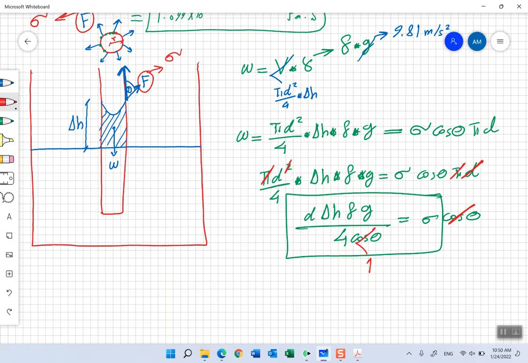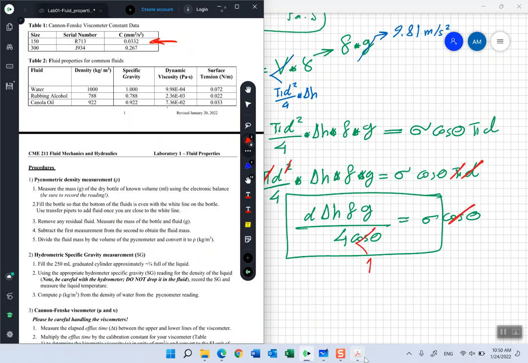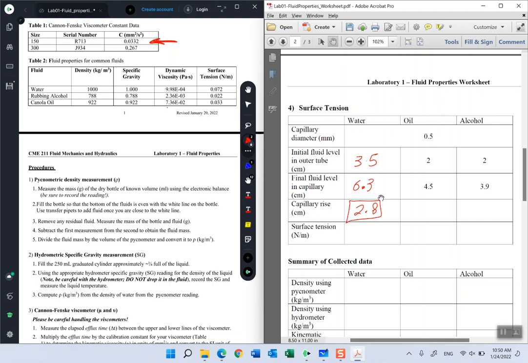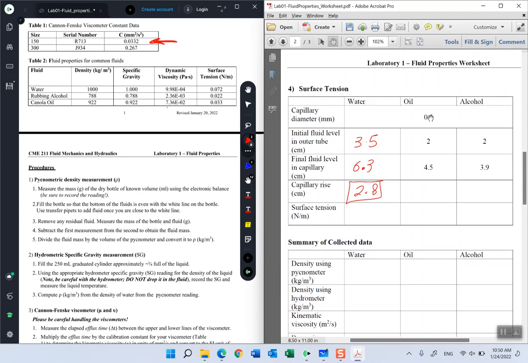So we'll just get rid of this theta and apply in this equation the measurement that we have for water. The d is the diameter of the pipe, which is 0.5 millimeter.